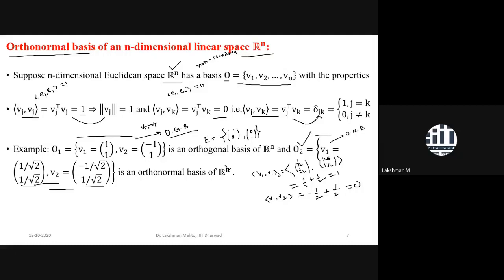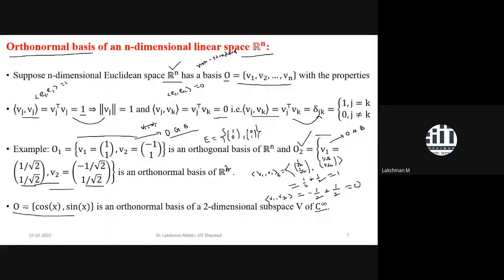Another example also: if you take any two-dimensional vector space V from C infinity, and if you take a basis having first element cosine of x and second element sine of x, then what do you observe?